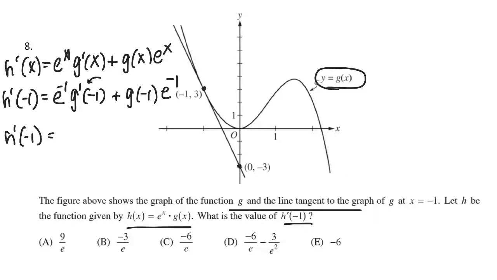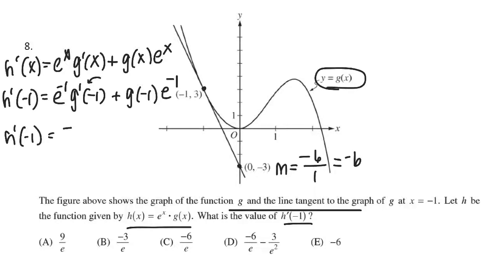So if I look at my rise over run, so we have, let's see, negative 3 minus 3, so negative 6. So I'm going to do my slope here. So I'm going to get negative 6 over 0 minus negative 1. So that gives me negative 6.